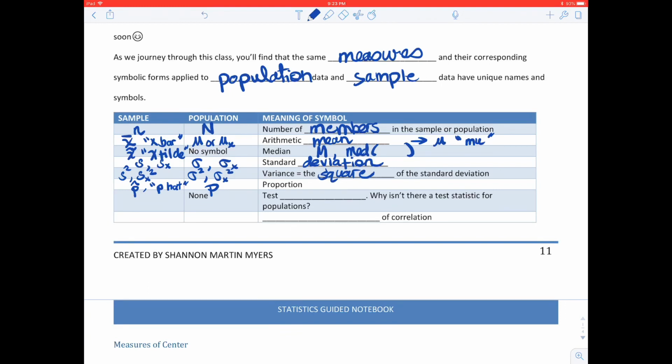Most things in statistics, if it's an estimate or a prediction, you're going to see a little hat on it. Like when we deal with a prediction line of best fit, then you'll see Y hat. But we don't need to worry about that now.